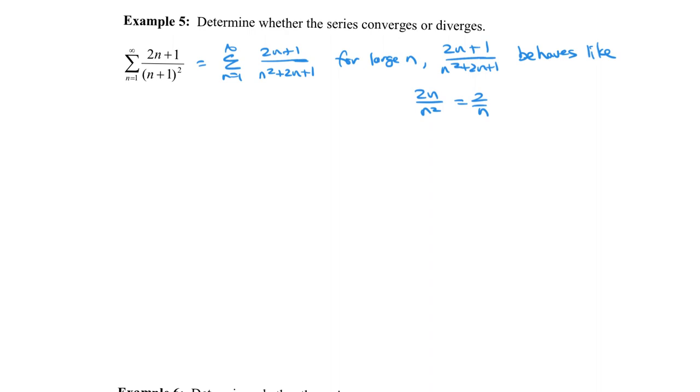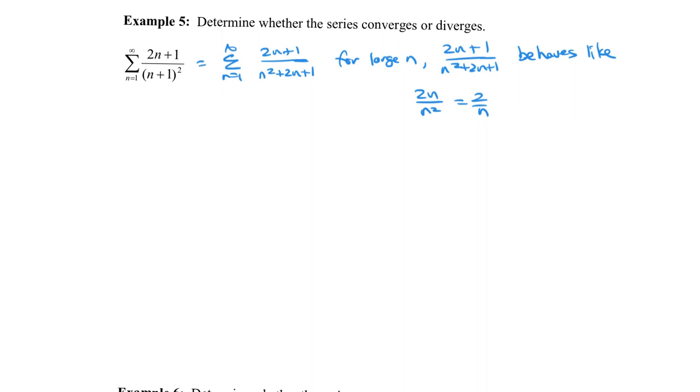So this will be dominated by, the numerator would be dominated by 2n, denominator by n squared, and this just simplifies to 2 over n. So 2 over n is just 2 times 1 over n, which is just a harmonic series, right, which diverges. So it's probably going to act like that series, probably.